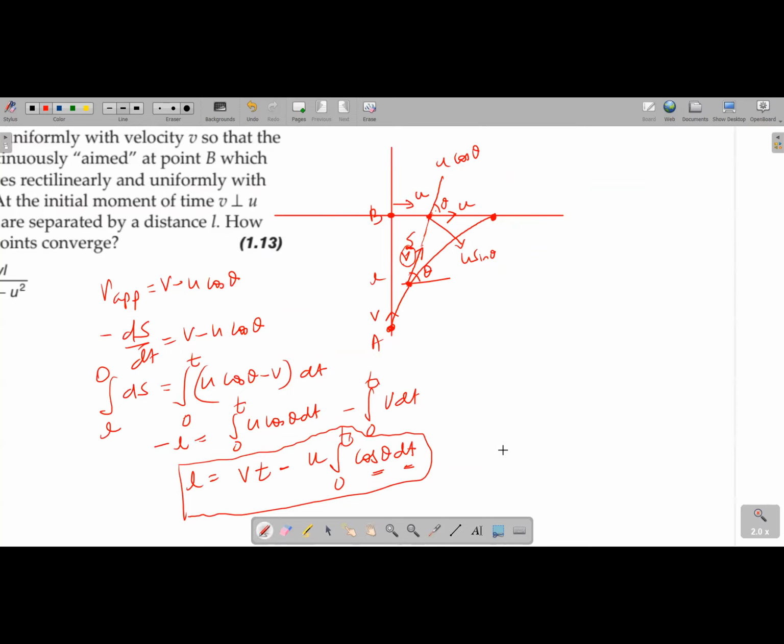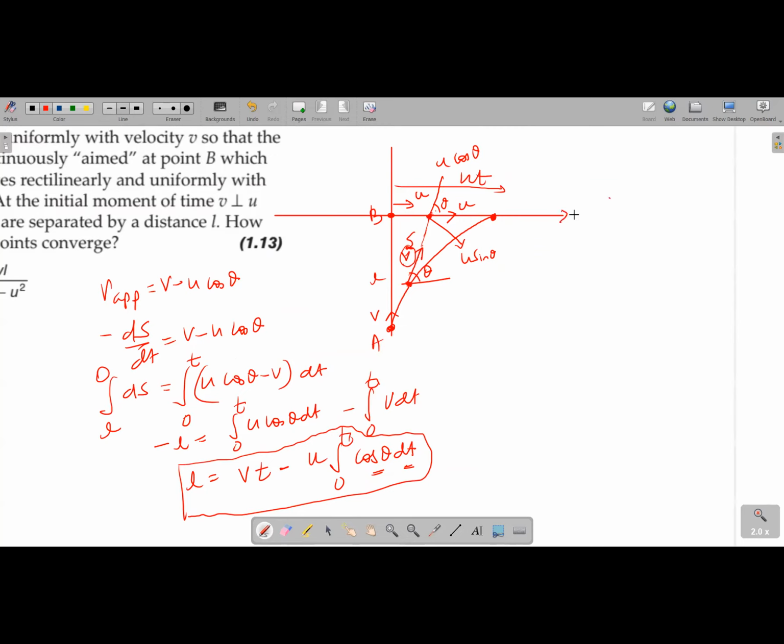See, after time t, A and B will meet. So in that time t, B will travel this much distance, that is ut. And A will also have the same horizontal displacement.